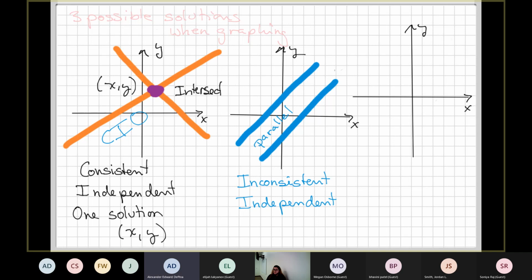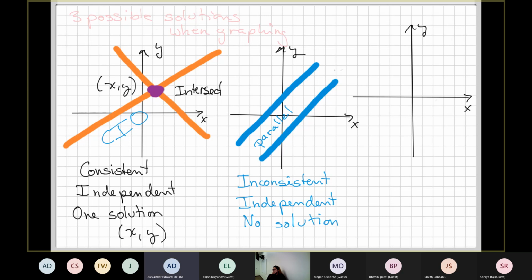Indeed, it is the same slope, but Jordan says it: there is no solution. Solution means what do they have in common? Well, the orange ones have this one point of intersection in common. The blue ones, nothing. They go separate ways.